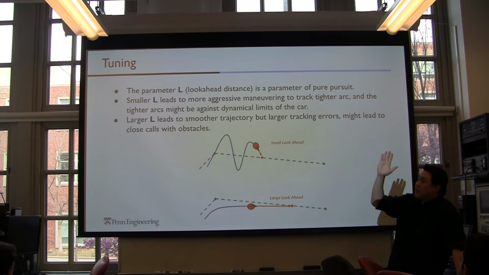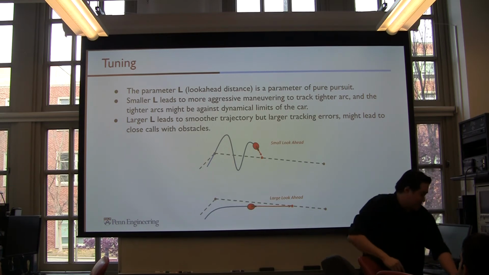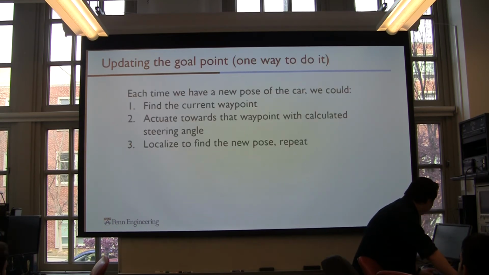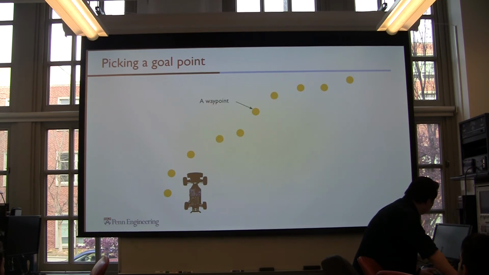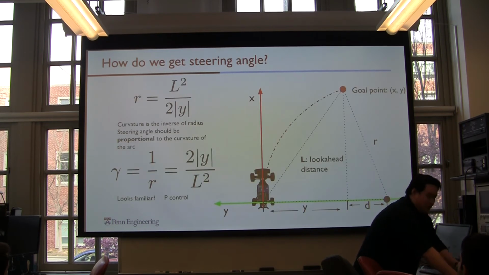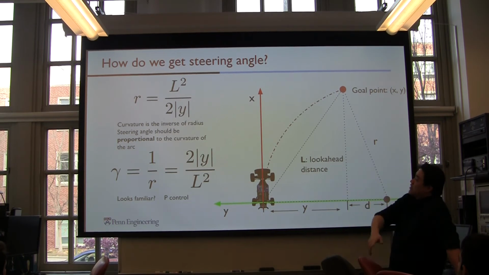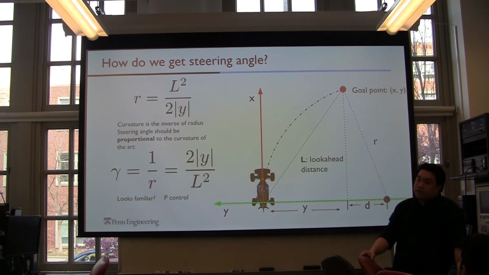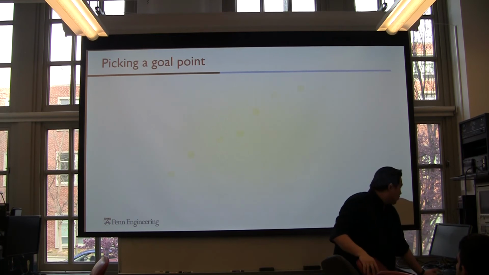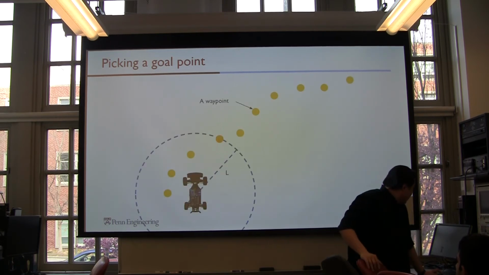As you can imagine, since that equation before, right, since your L is going to be smaller when you have a short look-ahead distance, which means that your curvature is going to be higher, which means your steering angle will be higher for a given waypoint, right? So you'll see a lot more aggressive curve following.